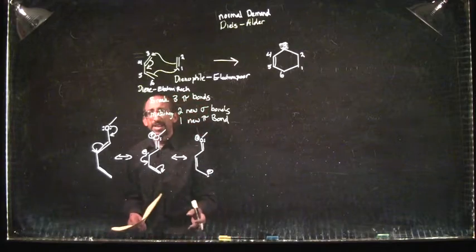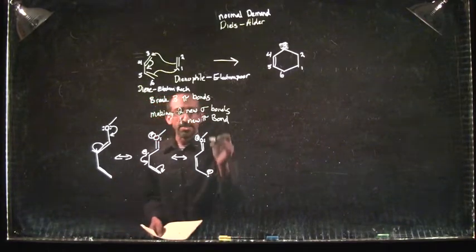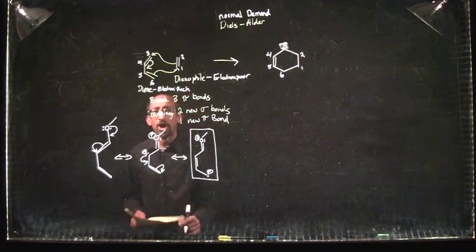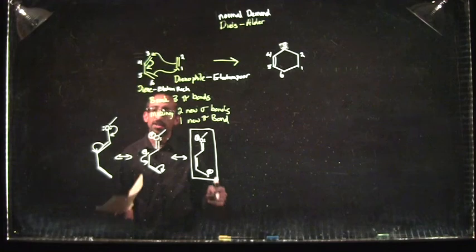We can draw the resonance hybrid of it, but really what matters to us is this resonance structure here, where I've been able to put a negative charge at one of my terminal alkene carbons.